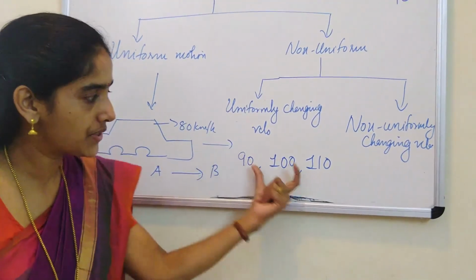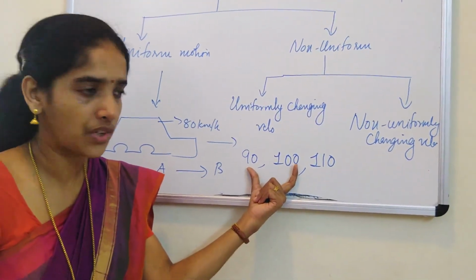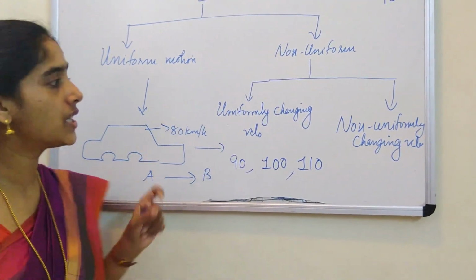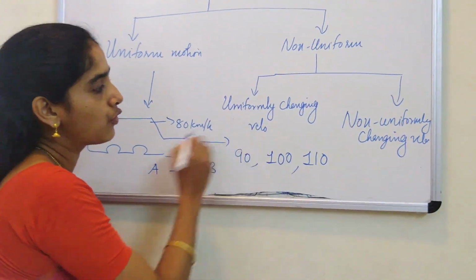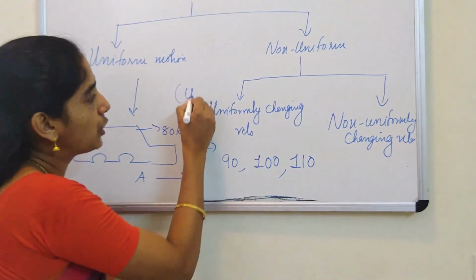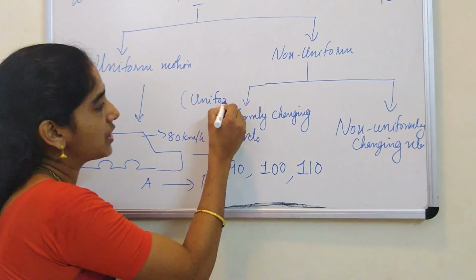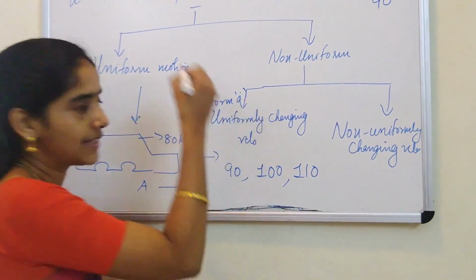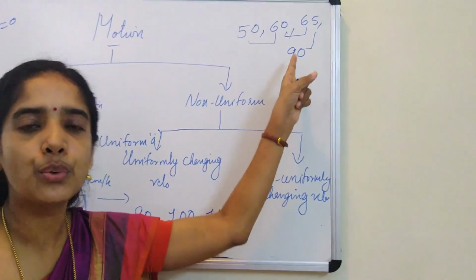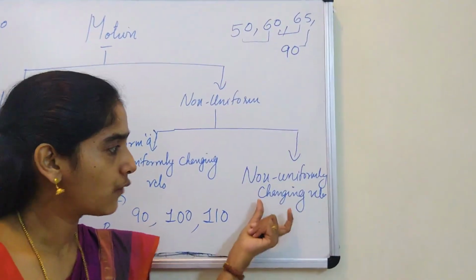What is change in velocity in unit time called? Acceleration. So if the change is constant, acceleration is also constant. So what is the other name of uniformly changing velocity? It's a type of motion with the uniform acceleration. Uniform acceleration. And here you see, what about the change? Change is not uniform. It is non-uniform. Then what is it called?